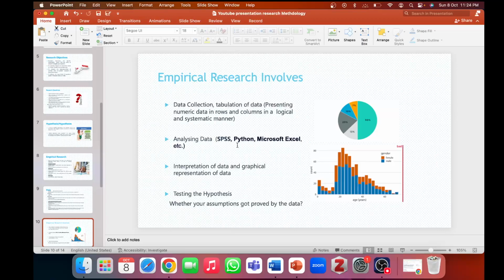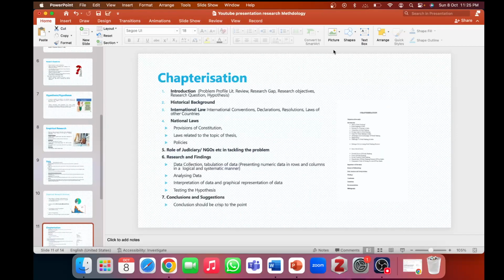It could be SPSS, Python, most popular is Microsoft Excel. Then you need to interpret the data and you need to represent into pie charts or histograms or line graphs. Then you have to test the hypothesis, whether your assumptions got proved by the data.